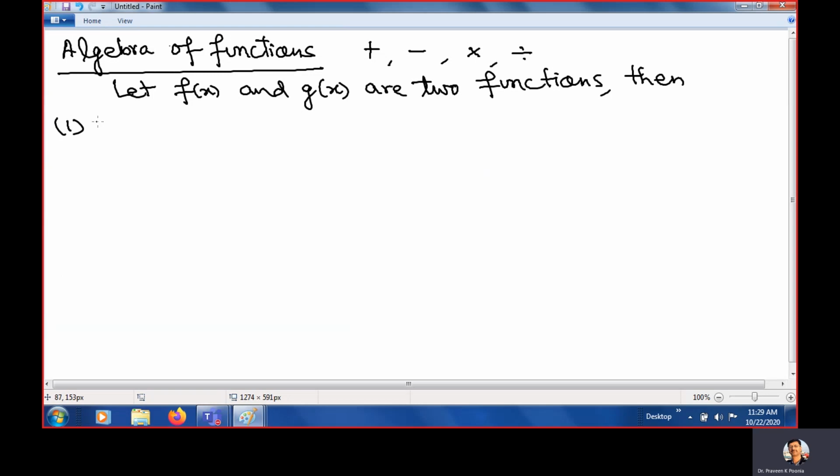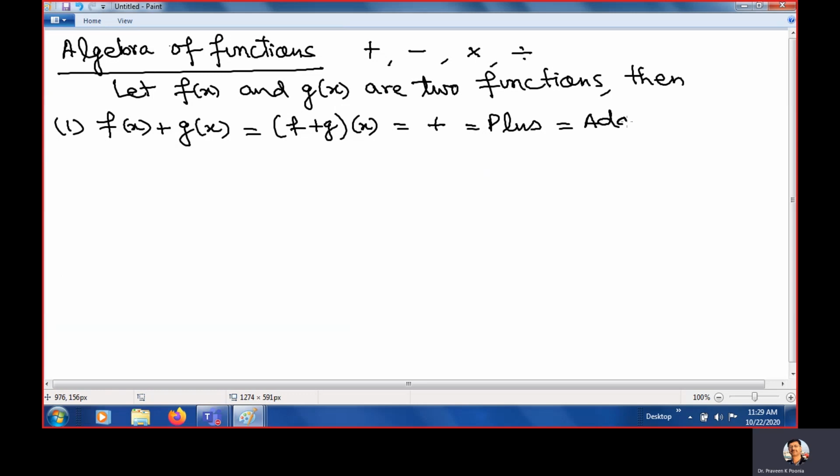First one will be f(x) plus g(x), and this is sometimes written as (f plus g)(x). What is this? Plus. Clear? Plus means addition of functions. This is addition of functions.